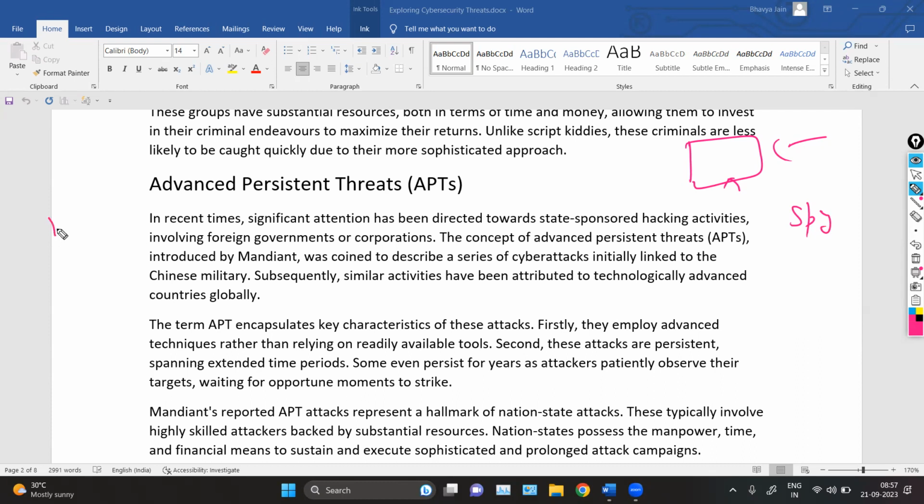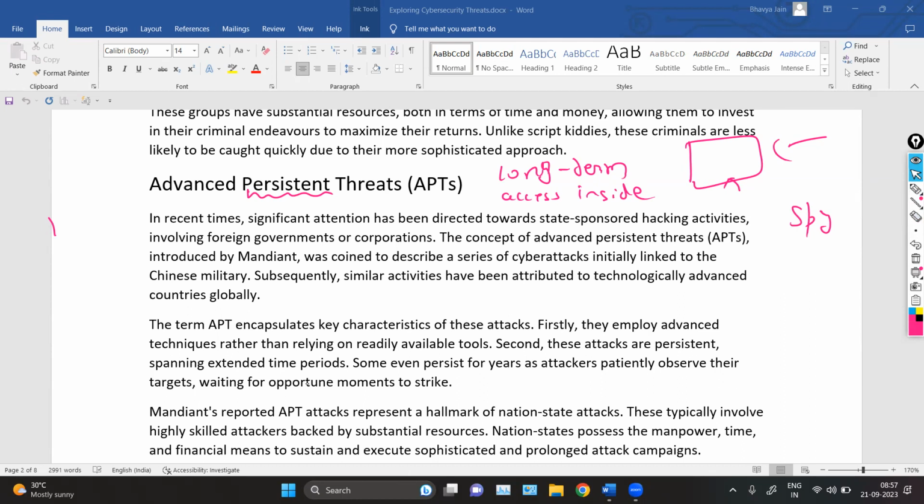Let's say I want to gain access permanently. That is known as a persistent connection, which is making long-term access inside any system. That is advanced persistent threats, the threats which gain access for a long term inside a particular system.